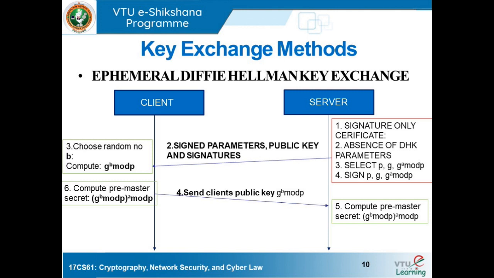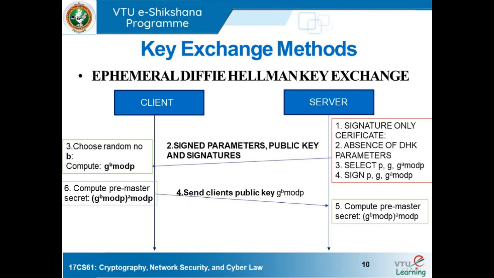Now after selecting a temporary public key pair, the public key and the modulus are signed by the server using the private key of the server. Now this signed public key and the certificate are sent by the server to the client. The client, upon receiving it, will verify the signature and then use it to encrypt the pre-master secret.